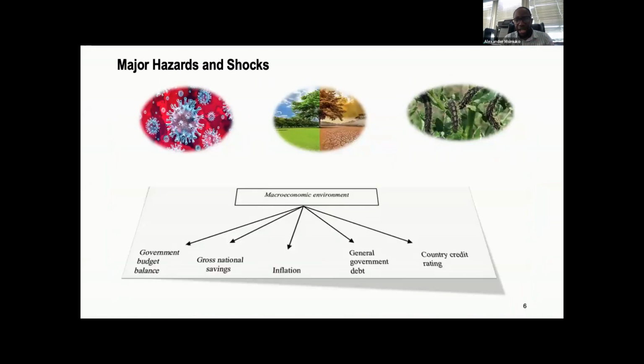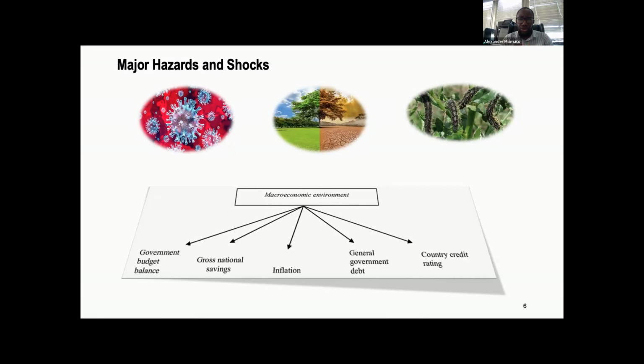I wanted to very quickly speak to some of the hazards that have affected food insecurity in the region. You note that Africa, like many countries, was highly affected by COVID. Because of the lockdowns, the IPC reported that about 3% of GDP was wiped out from the region as a result of reduced economic activity.